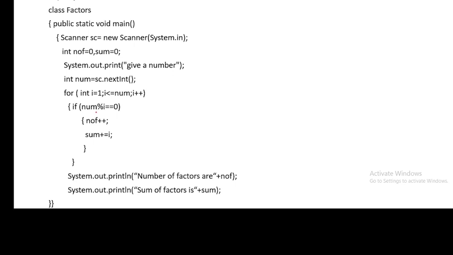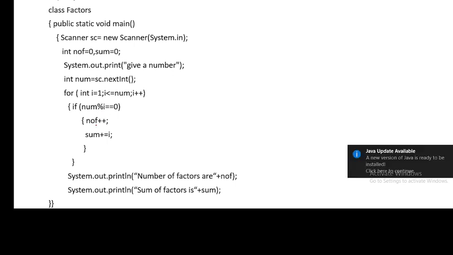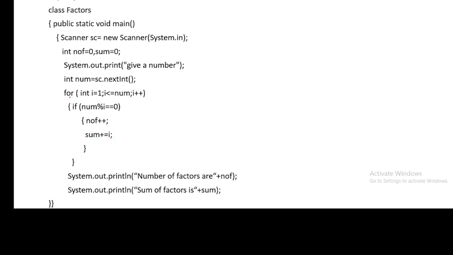So whenever this condition is satisfied, our counter will be increased by 1. This NOF is being taken to get the number of factors. Whenever this condition matches, this counter will be incremented by 1, as well as the particular factor will be added up to the sum.